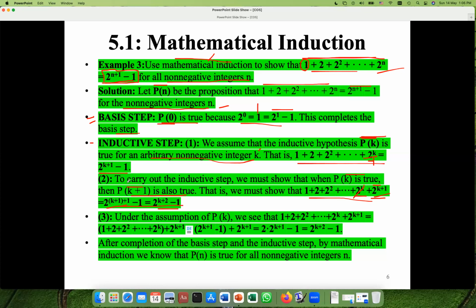This was our assumption with the k only. And this is now our form with the k plus 1. Whatever the left hand side and whatever the right hand side, this is our right hand side finally. So now we have to prove that this is actually there. This is what you have to evaluate.